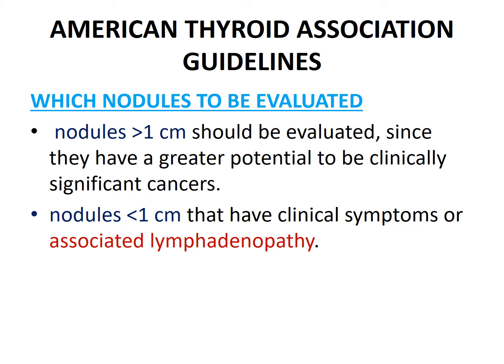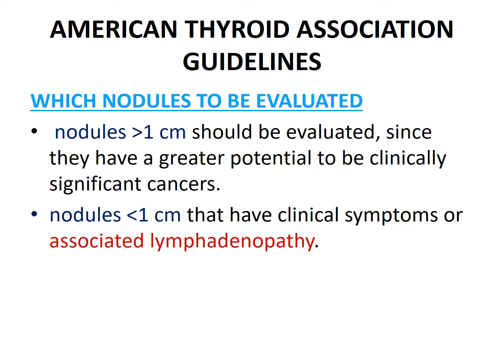There's another guideline given by the American Thyroid Association regarding which thyroid nodules are suspicious, the nodules that especially need a very keen workup. The nodules which are more than 1 centimeter should be evaluated since they have a greater potential to be clinically significant cancers.